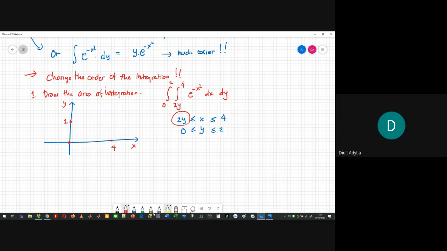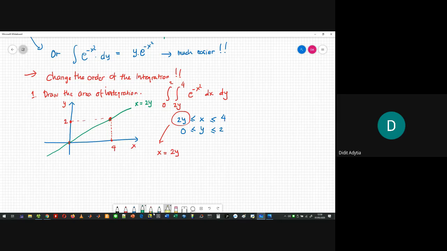So what do we have? This one is actually x is 2y. Can we draw it? If x is 2, then y is 1. If x is 0, y is also 0. So we have this line, x is 2y.